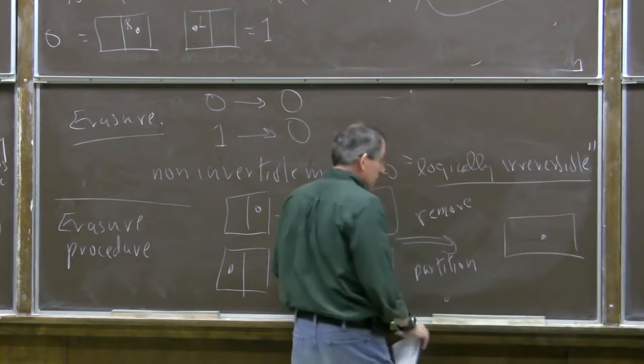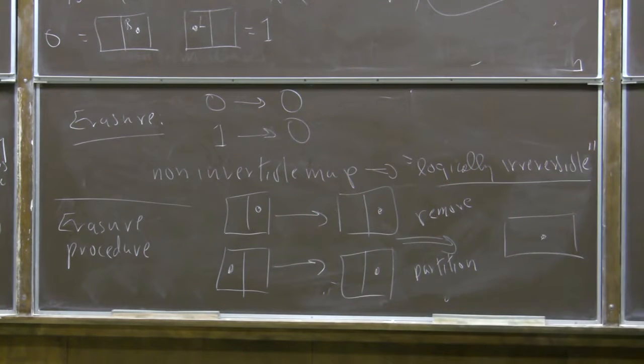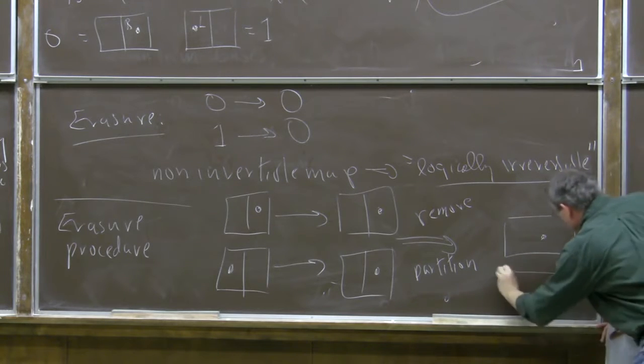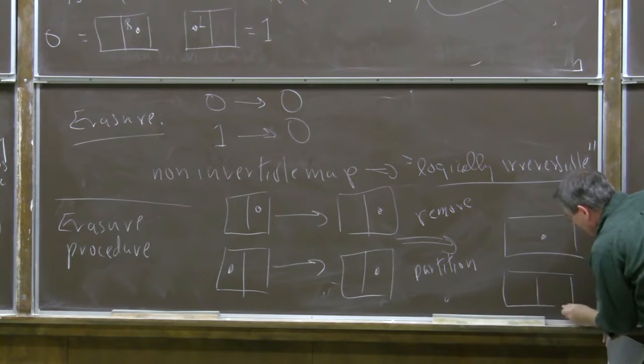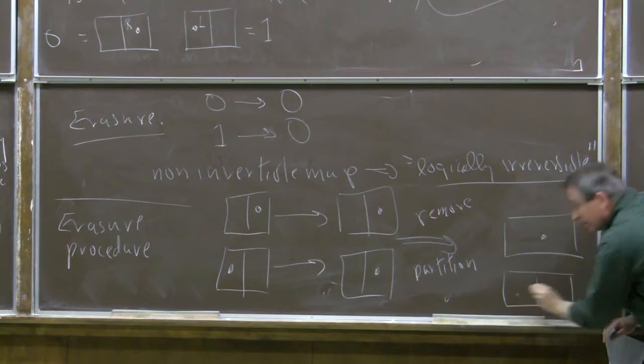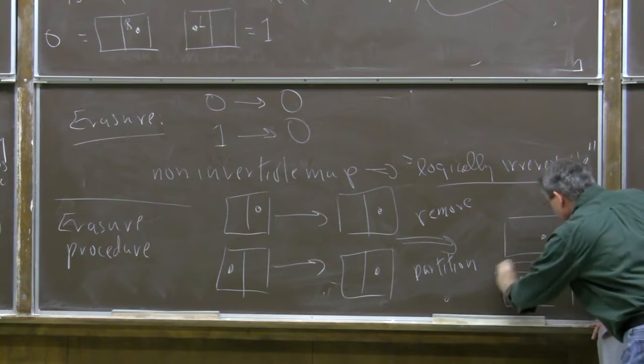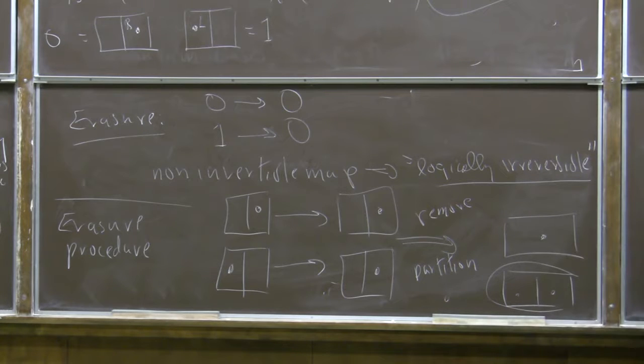And in fact, I can't just put the partition back because I'd wind up with a random bit. It might be over here or it might be over here. Okay? So I want to do something which will make sure that it's always on the right no matter what.